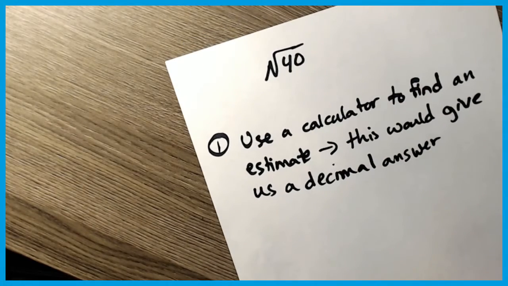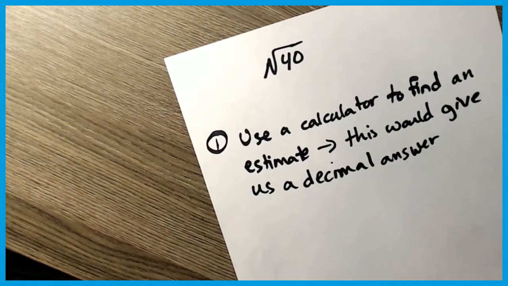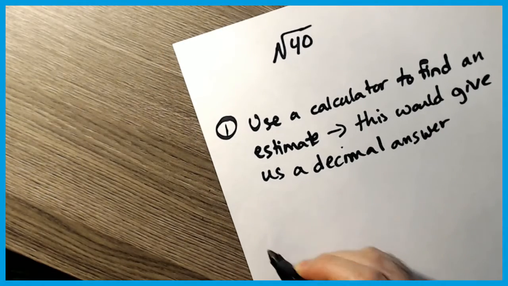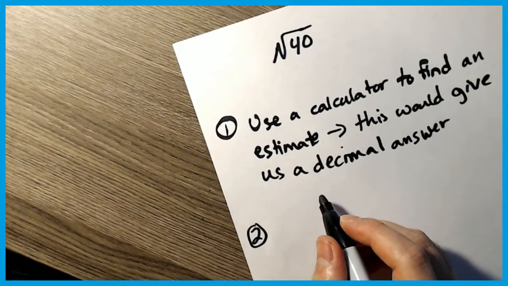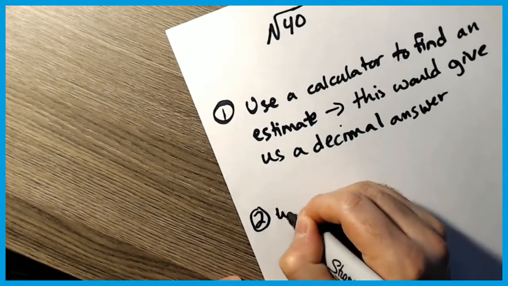So in algebra, we typically avoid using calculators to get decimal answers. They would be called decimal approximations. Approximating, estimating, same idea.